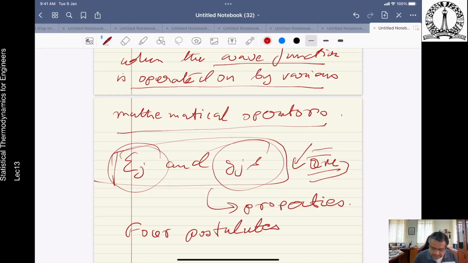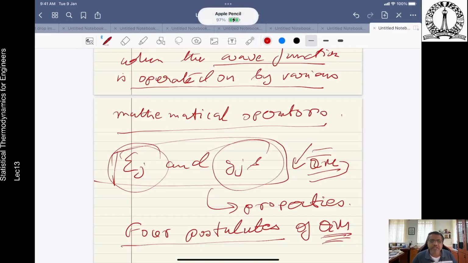These are the postulates of quantum mechanics, and then we are going to see how these postulates can be used subsequently to find out about the different dynamic variables and how they can be applied in the quantum mechanics analysis that we will do in the next few classes. So thank you. This is the end of lecture 13.